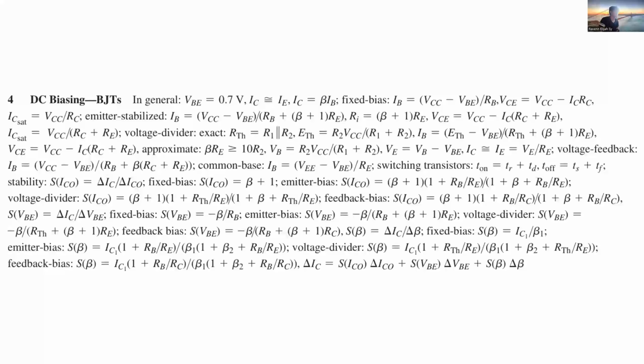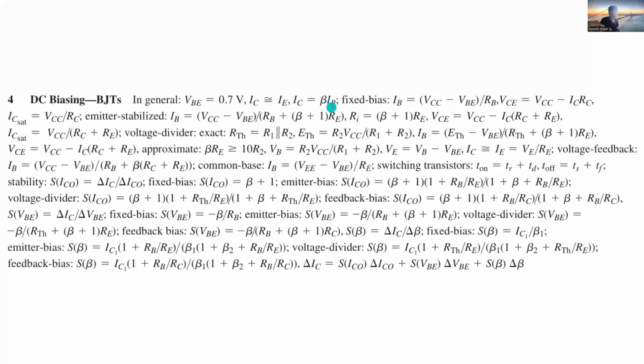I will not be talking about each and every formula used in BJT bias, but these are the most significant formulas that can be encountered in electronic devices and circuits problems in DC biasing of BJTs. In general, VB is 0.7, IC is approximately equal to IE, and IC is equal to beta IB.